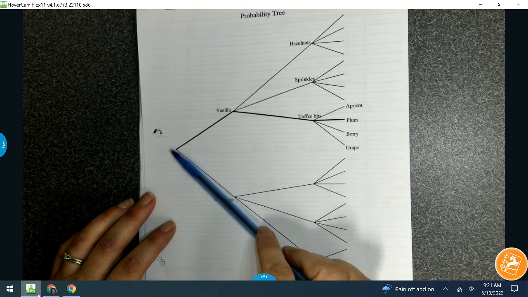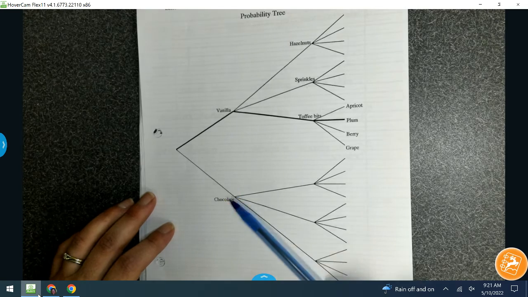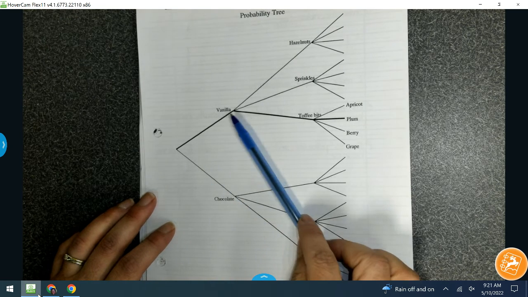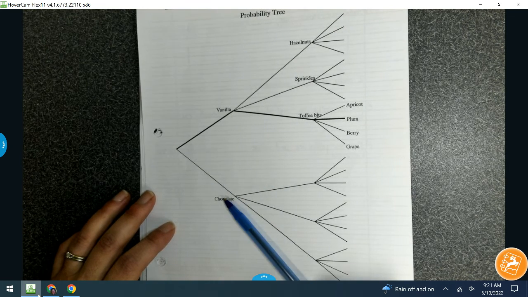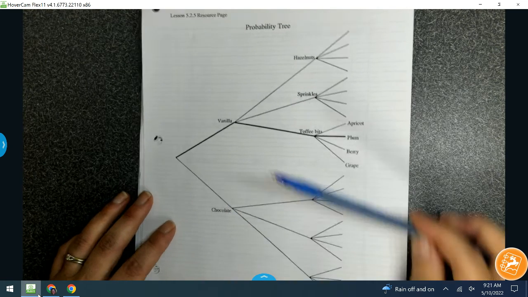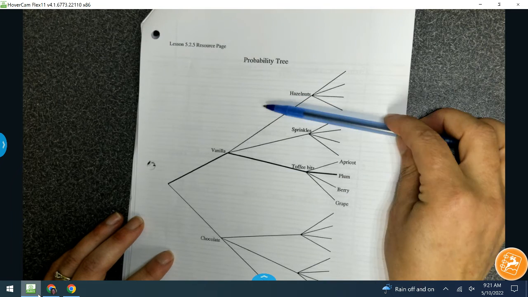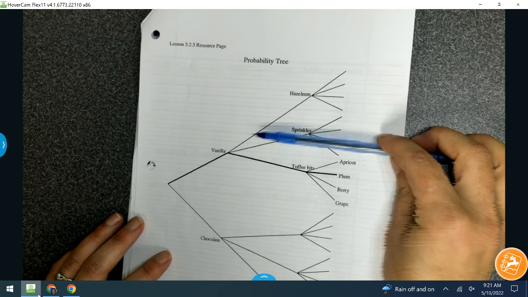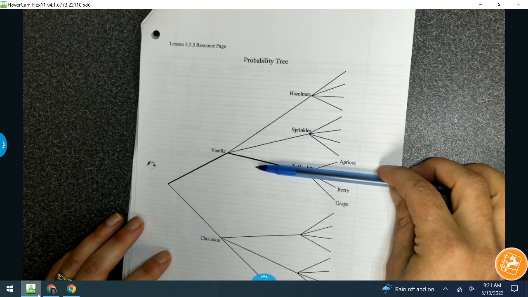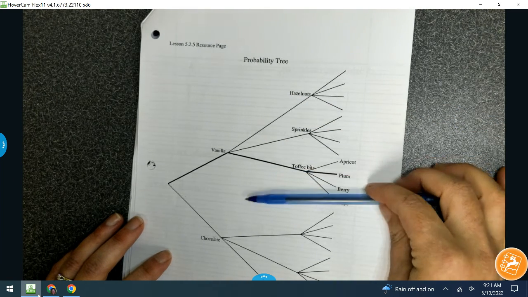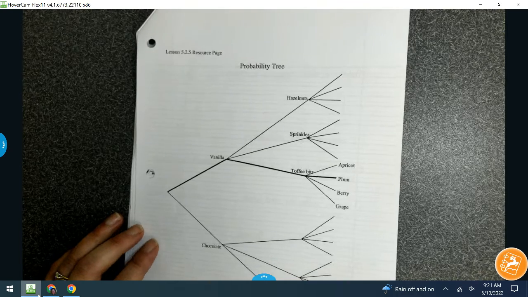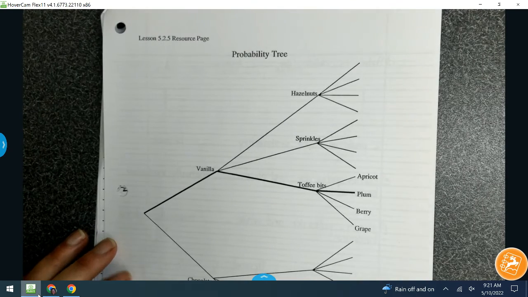So we have right here the first thing, which is the first choice, which is the base flavor. So we have vanilla and chocolate already written in. Then we have the next option after we pick vanilla. We can have either hazelnut, sprinkles, or toffee bits. Then after that, we have our fruit swirls. So what we need to do is finish filling this in.